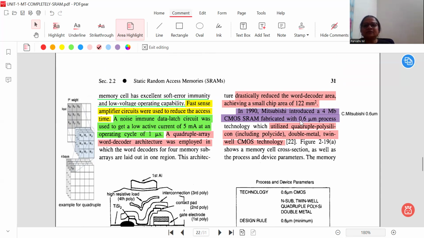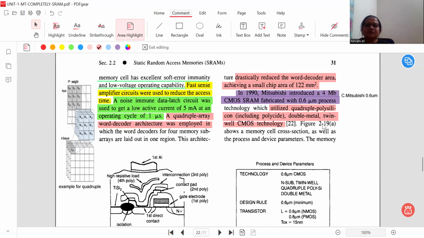The third advanced memory we talk about was developed by Mitsubishi company, which introduced a 4 MB memory with 0.6 micron meter technology, using CMOS SRAM fabrication. It also used quadruple polysilicon.